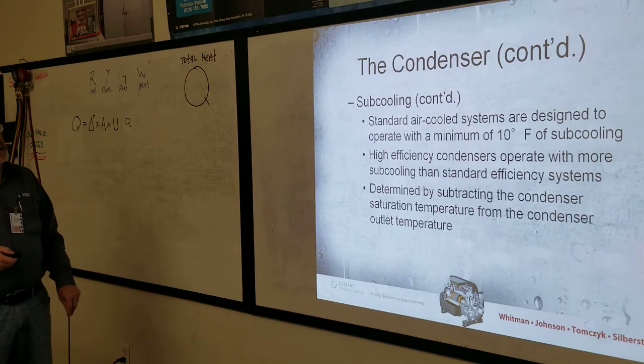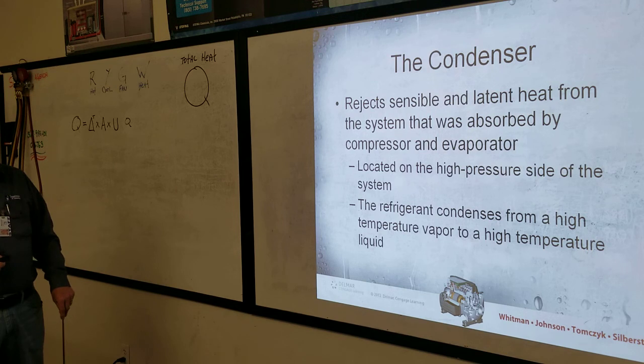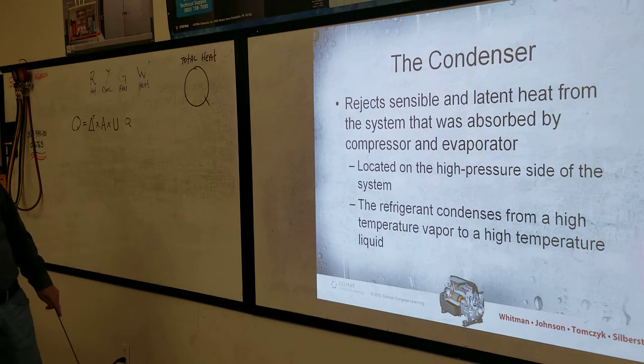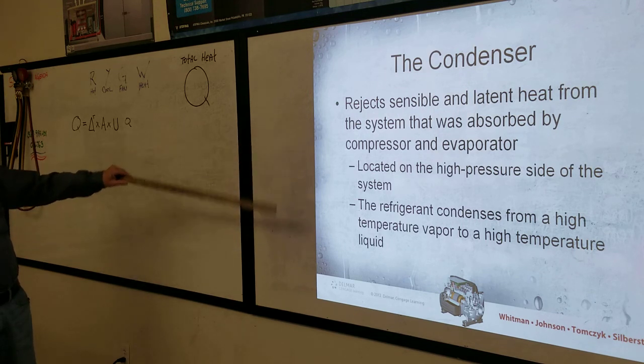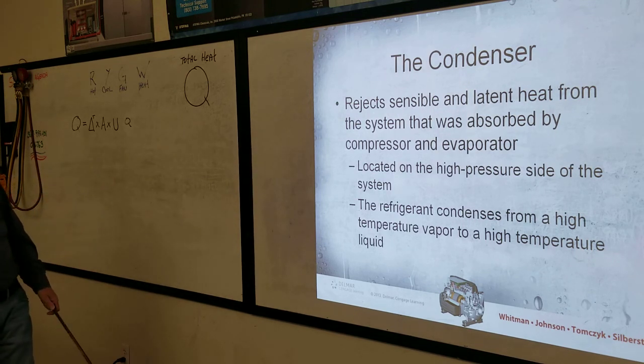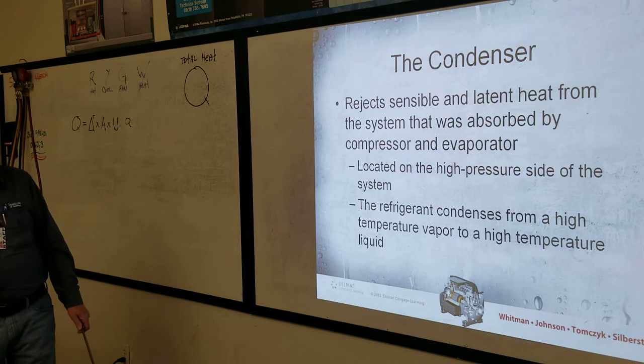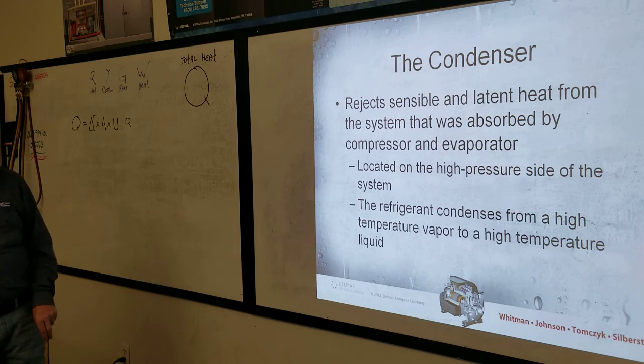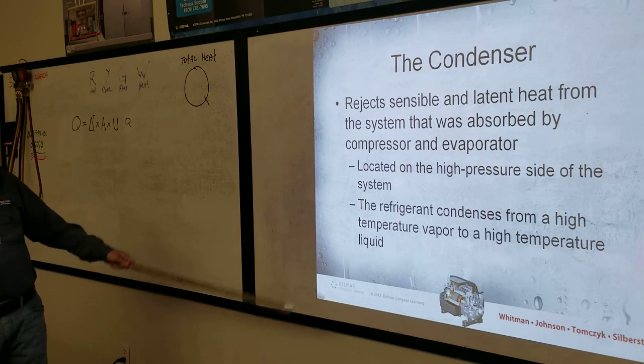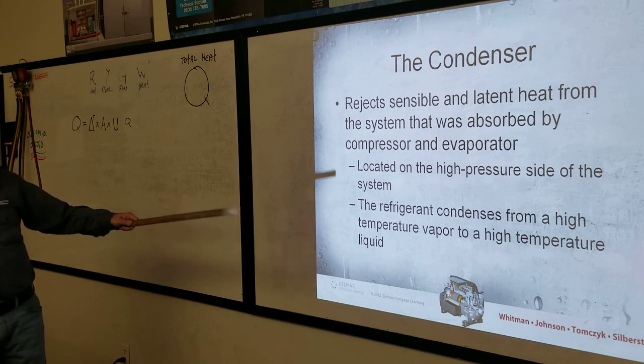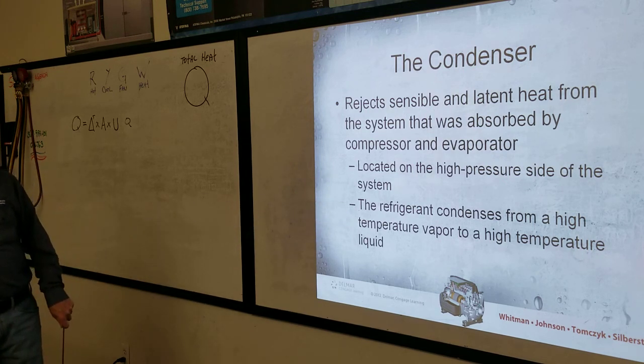Okay, so we'll go back here to the condenser. So what happens to the refrigerant in the condenser? It condenses. Yeah, it says right there. So it turns from a vapor into a liquid, and they call that condensing.